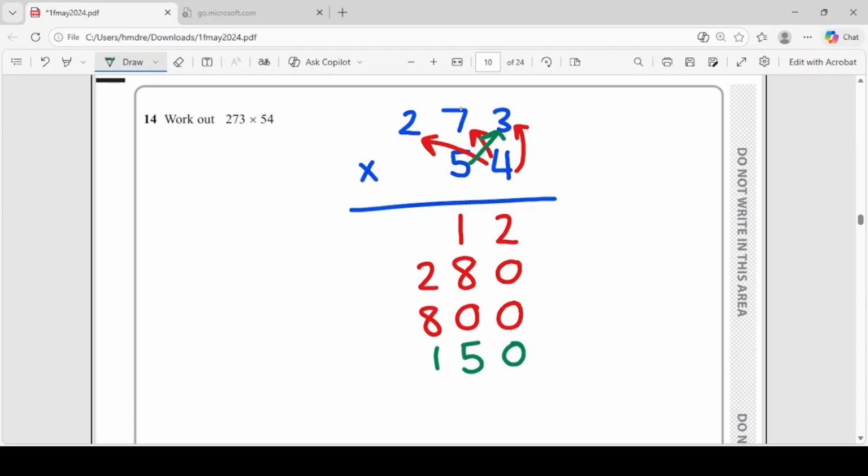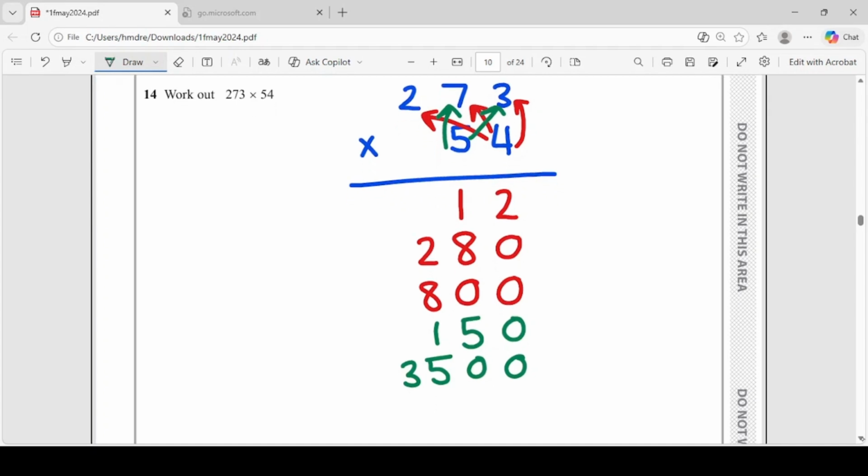Then I'm going 50 and 70, so I'm going to add 2 zeros. 5 times 7 is 35. And then I need to add 3 zeros. 5 times 2 is 10. And once I've got all that, then my next step is I have to add up these amounts.